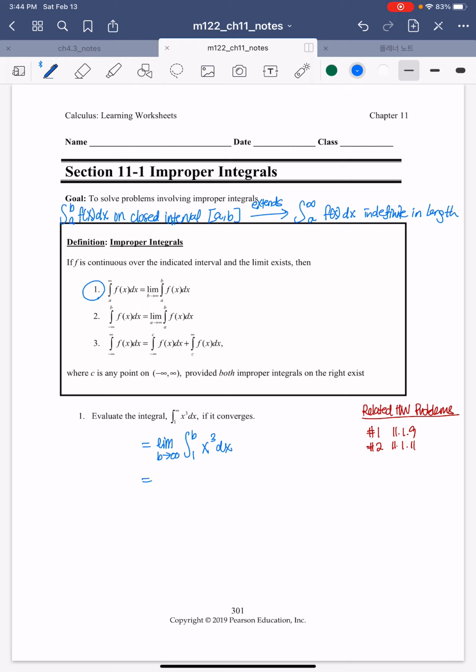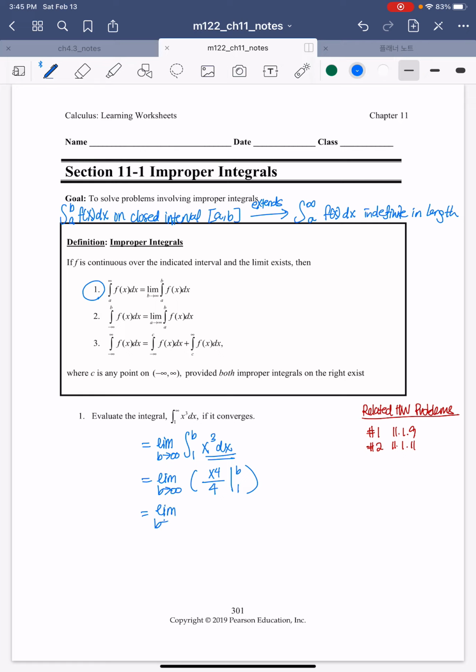Now let's take the integral. This is an easy integral. You raise the power and divide by the new power, so that will be x to the 4th divided by 4, evaluating from 1 to b.